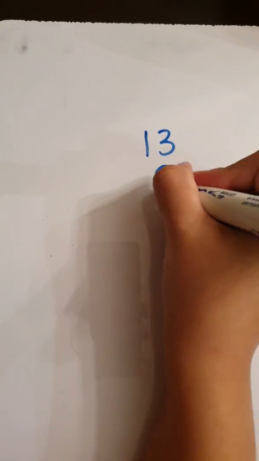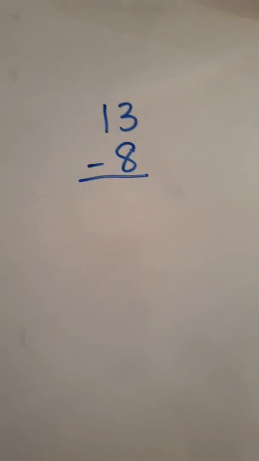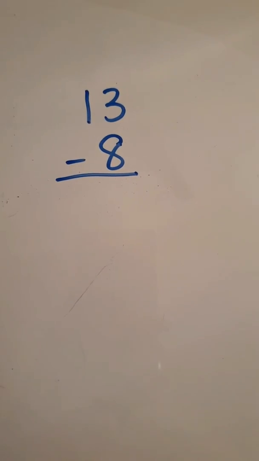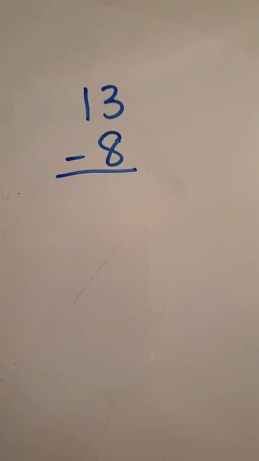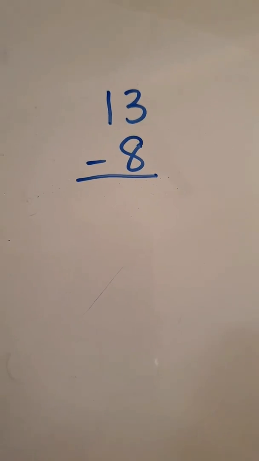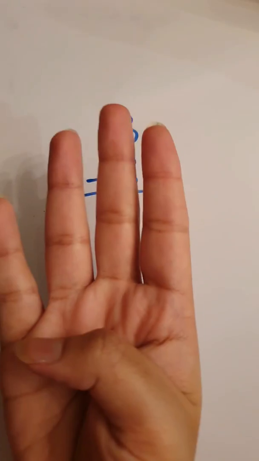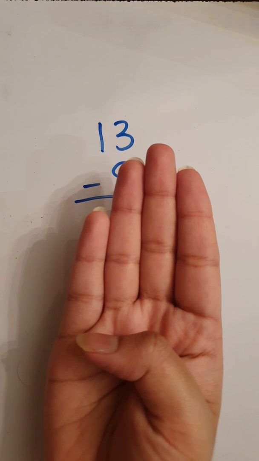So we're going to make a sum, 13 minus 8. Now let's see, 13 is the bigger number, so we're going to put 13 in our mind and we're going to take 8 fingers out and we will count backwards from 13. So 13 is in our mind, then we have 8 fingers out.